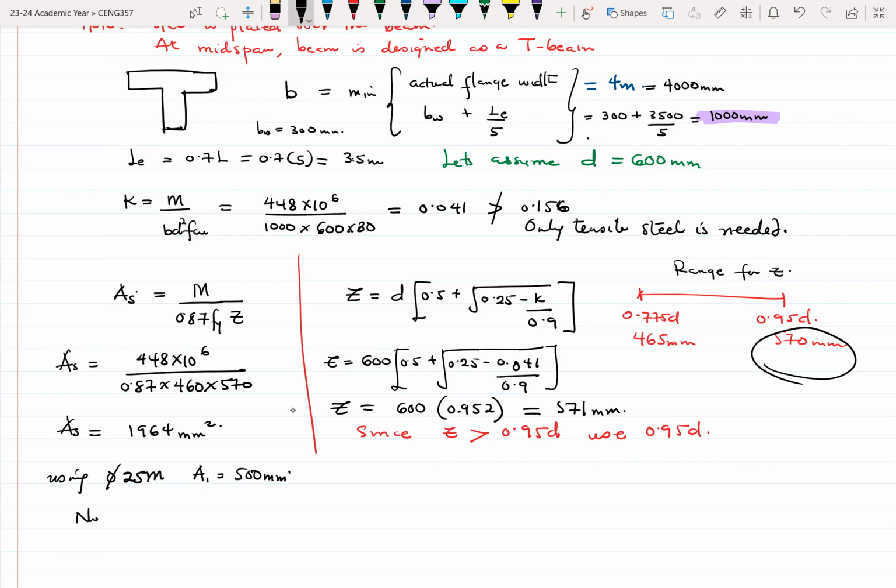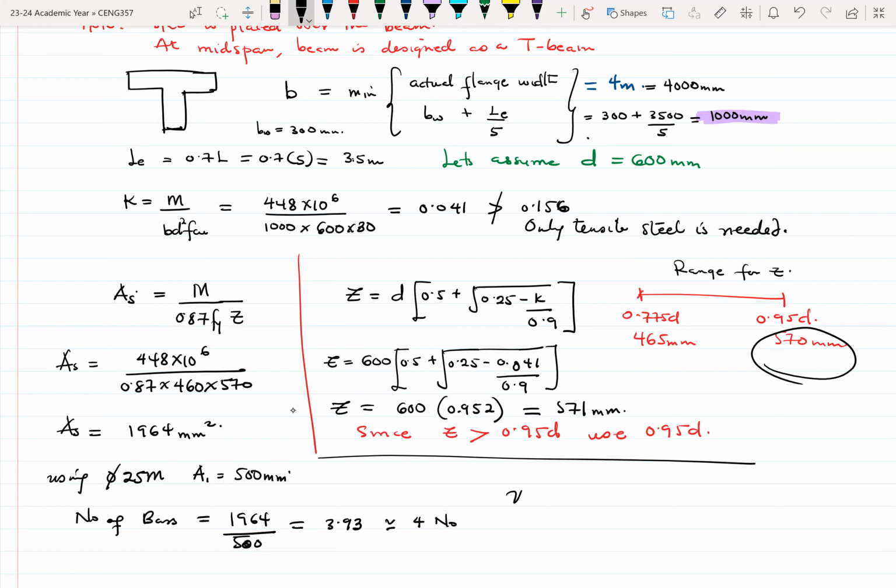So the number of bars needed becomes 1964 divided by 500. I think there's a table for this. I'll try and look for the table for us so that you don't have to be doing these calculations all the time. This is equal to 3.93, and that's approximately 4.